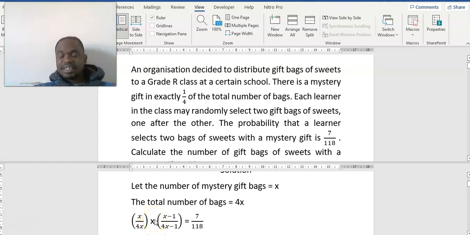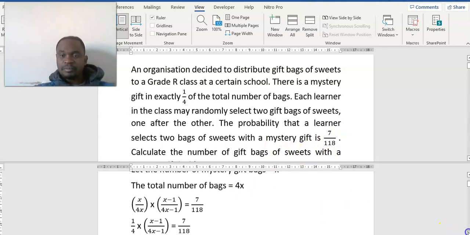And for the second bag, remember, 1 mystery gift has already been selected, so it's going to be x minus 1. If you select 1 from the bags, which is a mystery gift, you have reduced it by 1, so the total outcome is also going to be 4x minus 1. So this should be equal to 7/118.